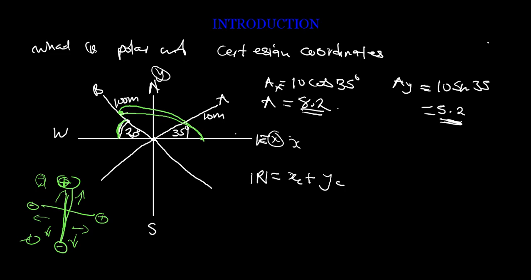So like for this case, for vector b. For the vector b x component, we are bringing that magnitude, which is 100.